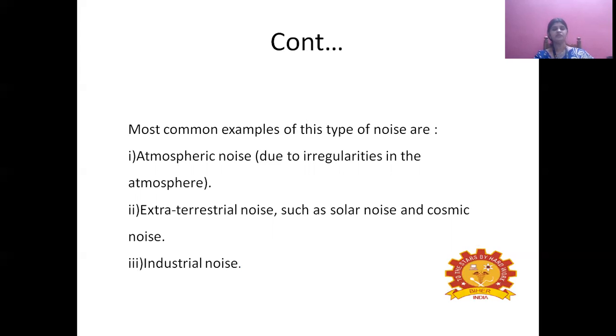And then the third type of noise is the industrial noise. This kind of noise is due to industrial effects, that is, the ignition systems of automobiles will produce some electrical discharges and some sparks. These electrical pulses will travel along with the information, due to which the information gets degraded.